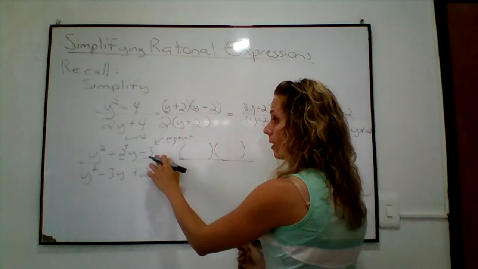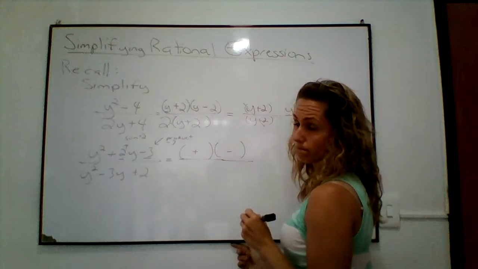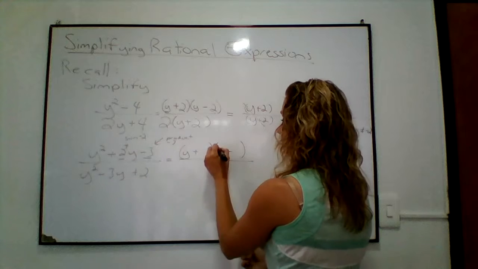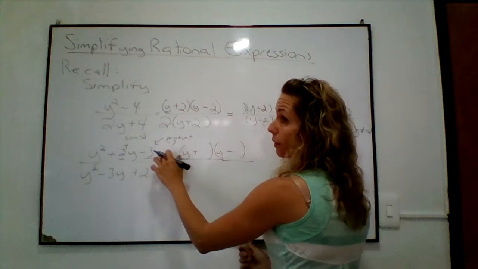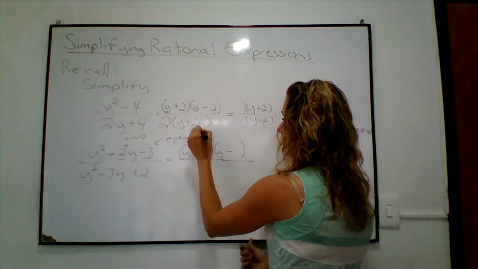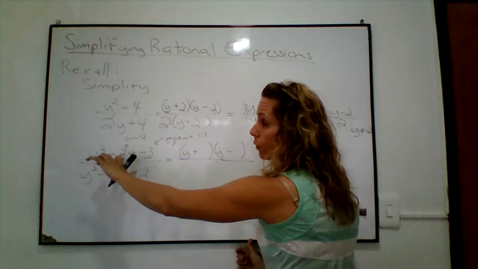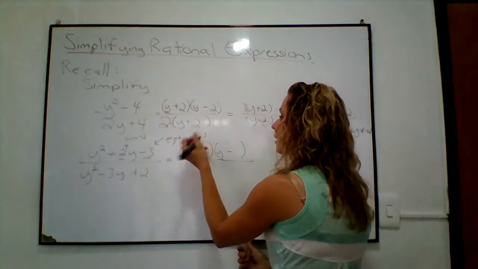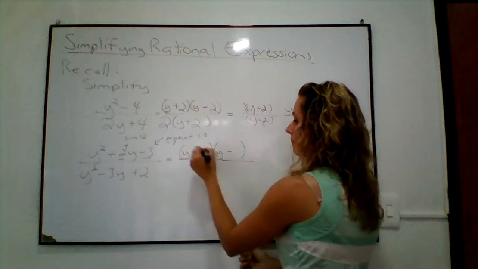Because our product is negative, our signs are going to be opposite. To get y squared in the front, we need y times y. The only things that make up 3 are 1 times 3. And in order to have a larger middle number here, we want the larger number to be the positive. So we need +3 and -1.